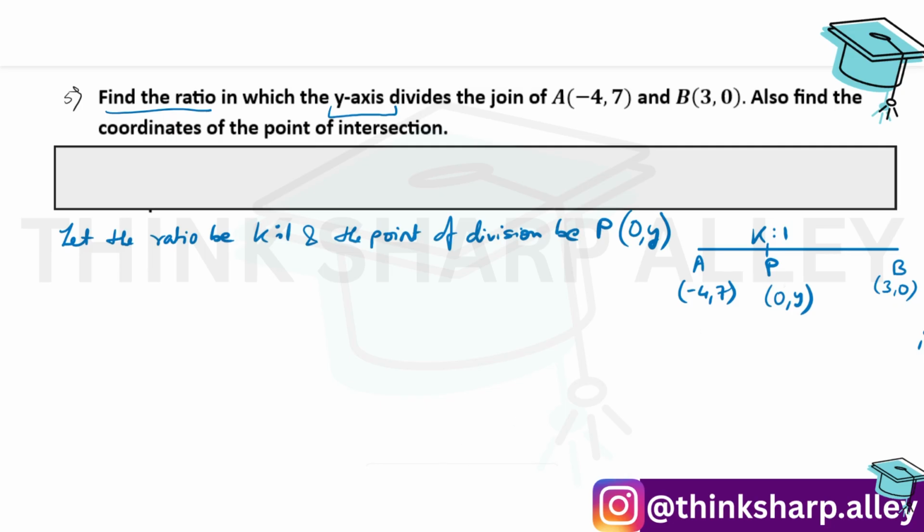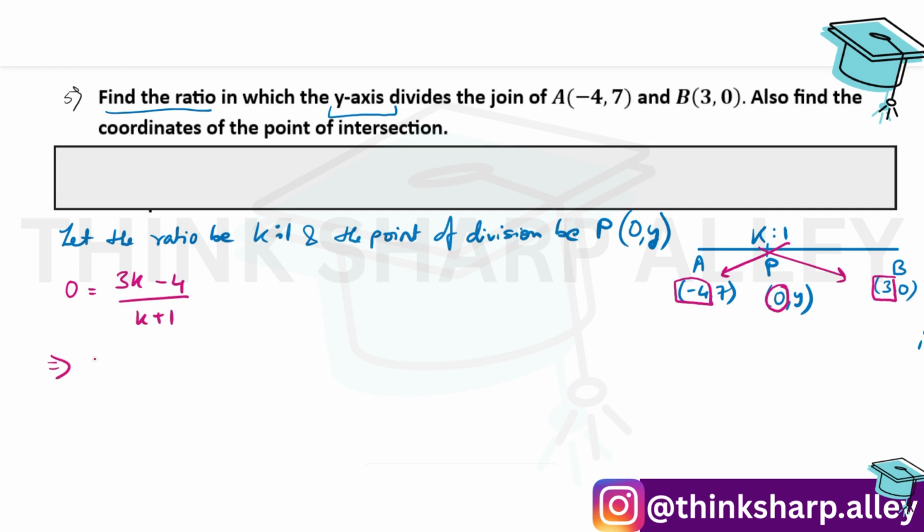So let's do that. Make sure you're focusing on only x. So 0 is equal to k into 3 and 1 into minus 4. It should be crisscross. If it's not crisscross, you're doing something wrong. So 3k minus 4 divided by k plus 1.